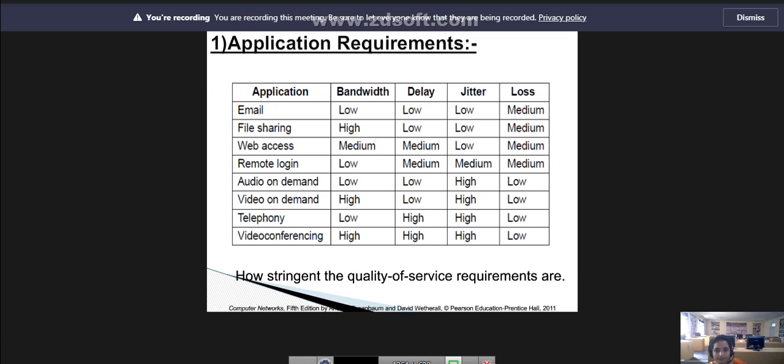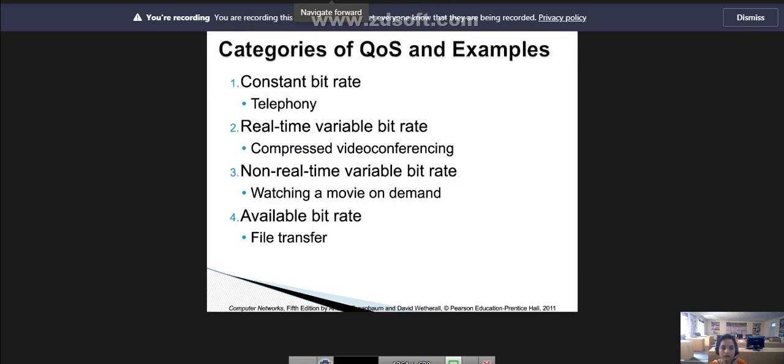Next, categories of quality of service and examples. Constant bit rate: telephony.